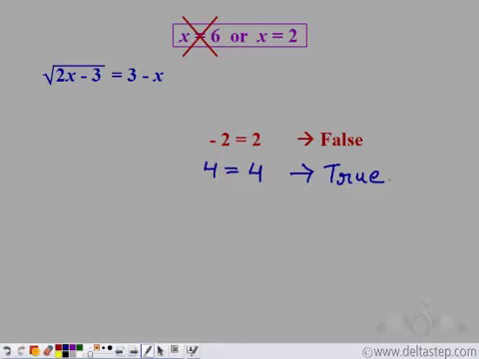So essentially, when you solve an equation by squaring both the sides, you need to check the solutions whether they satisfy the original equation or not. So put all the solutions in the original equation, check the left hand side and the right hand side, and check whether they are equal or not to conclude whether all the solutions satisfy the original equation or not.